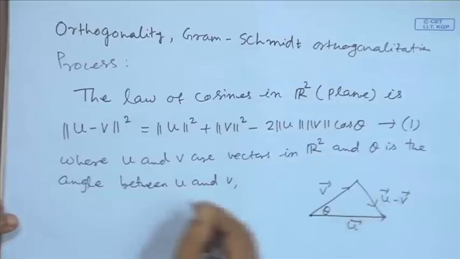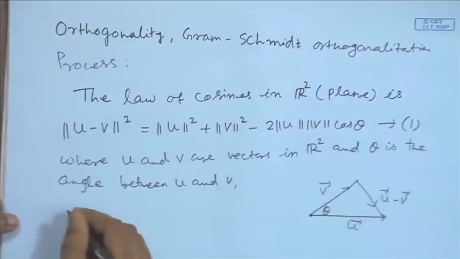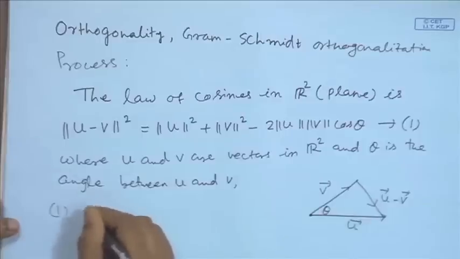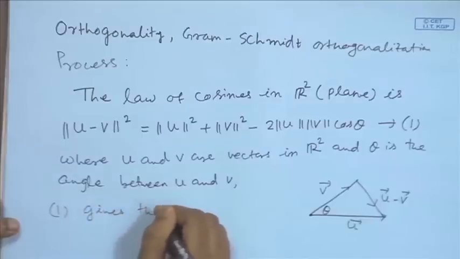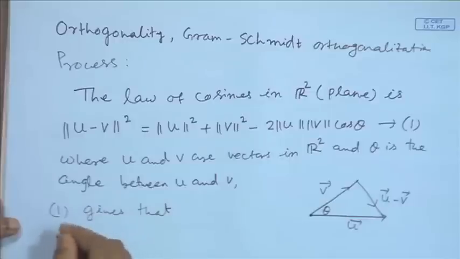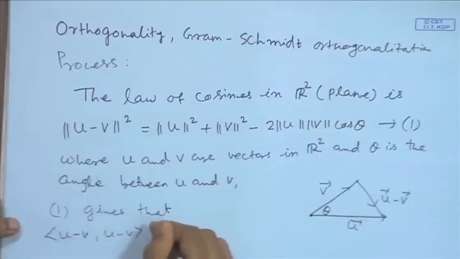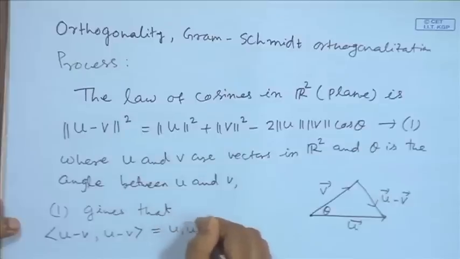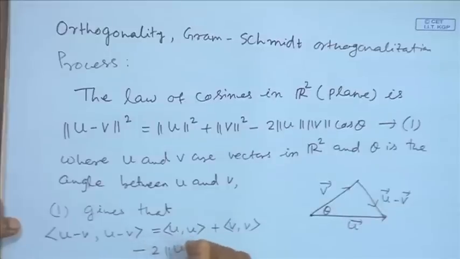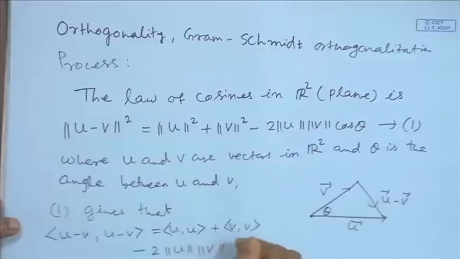If we write this in terms of inner product, then the norm squared of u minus v is equal to the inner product of u minus v with itself, and the right hand side is the inner product of u with itself plus the inner product of v with itself minus twice norm of u norm of v cos theta.